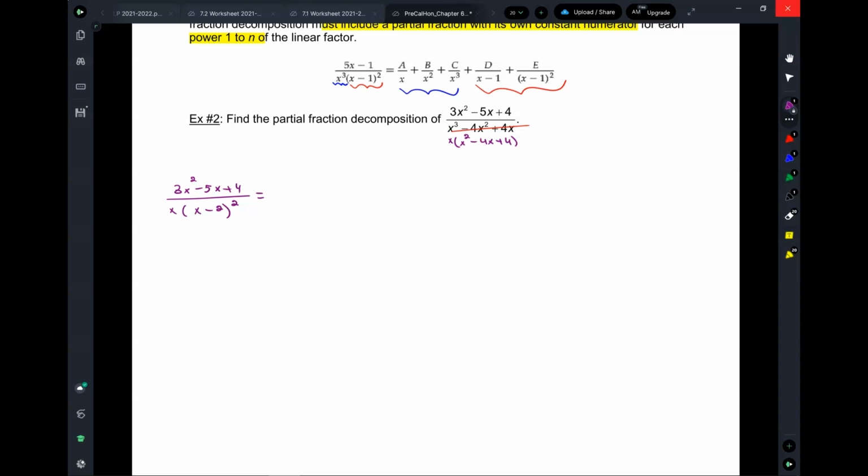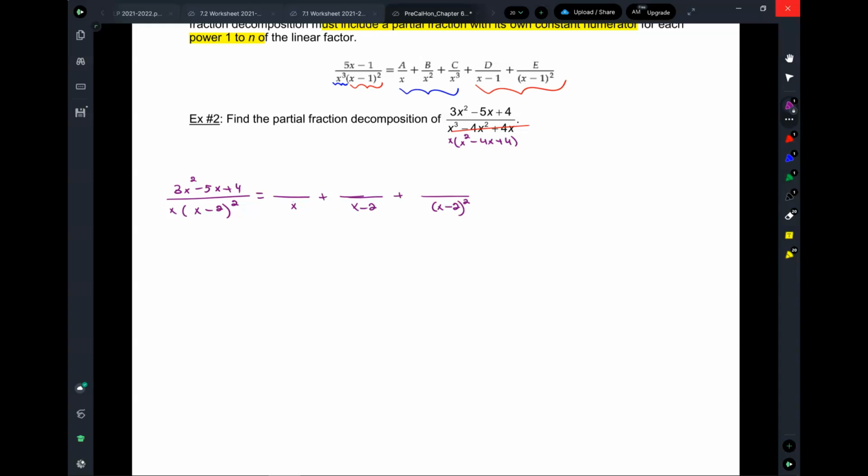Okay, the x happens once. The x minus 2 happens twice. So you have an x minus 2 to the 1 and an x minus 2 to the 2. Now, it doesn't matter what the exponent is in each of these.